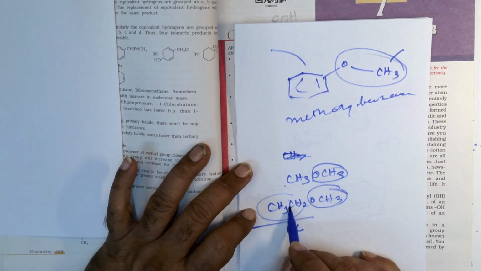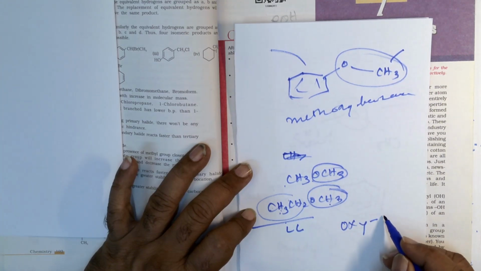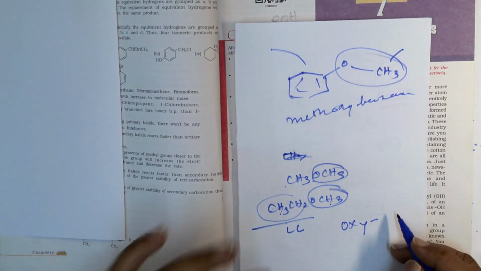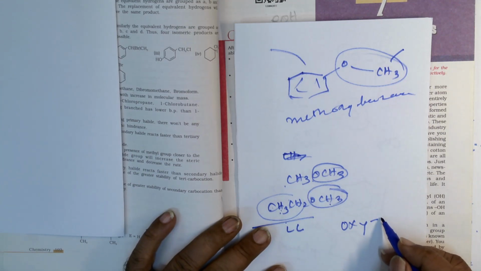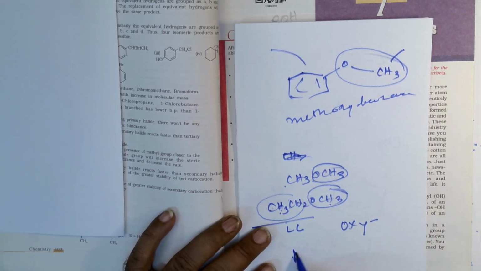So this is the longer chain compared to the methyl group, so it should be called ethane. So this is called methoxy. The oxy link is attached to the lower, smaller group only. If you have propane and you have methyl, it should be called methoxypropane, right?